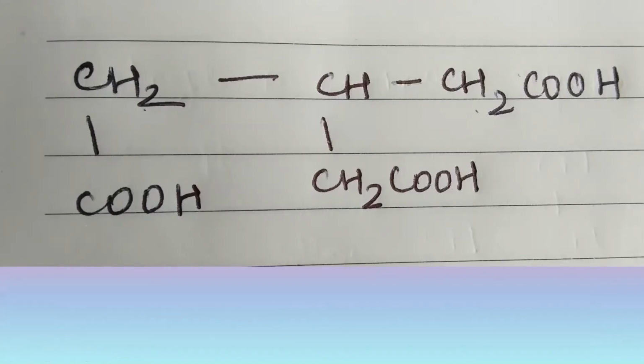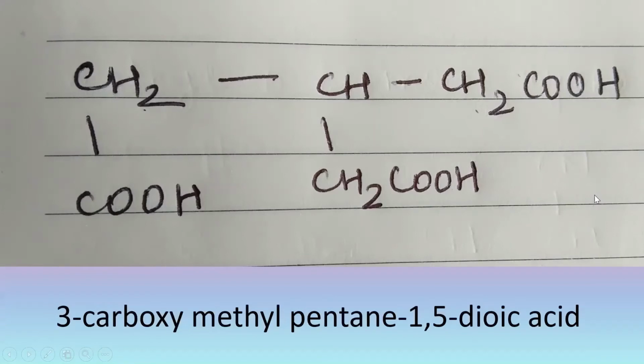In these cases we take the one in the middle to be our substituent, and the other 2 in the corners to be our main principal functional groups. When we do the naming, we realize that there are 5 carbon atoms in the main chain, and there is an ethanoic acid group present as a substituent on the 3rd carbon of the parent chain.